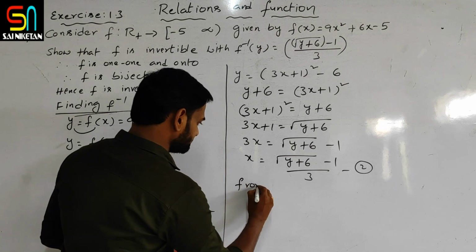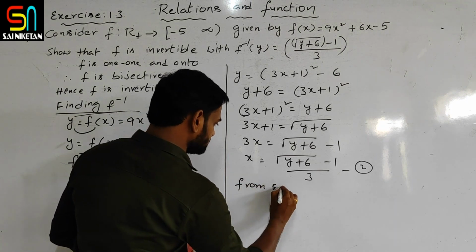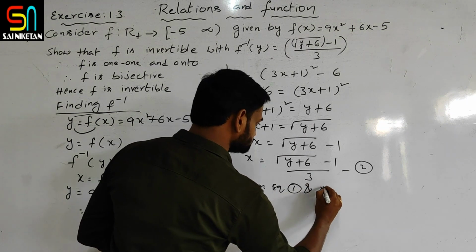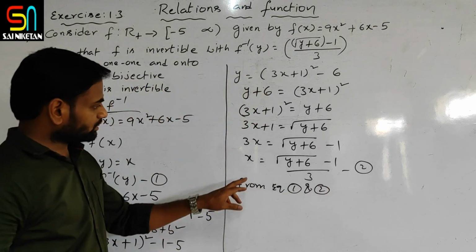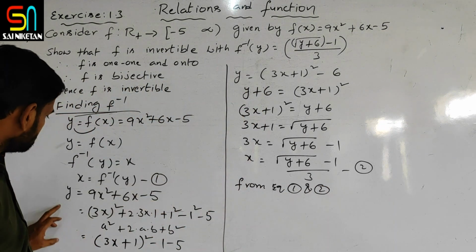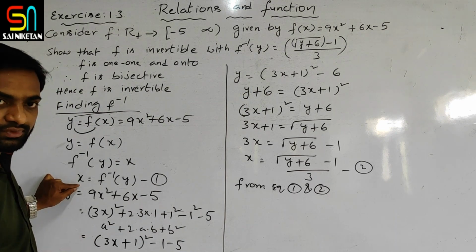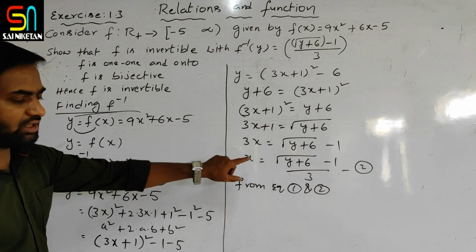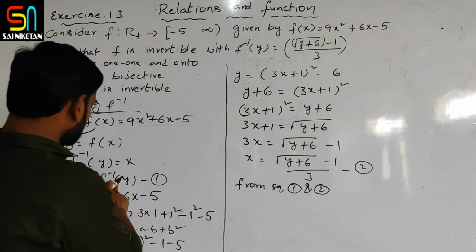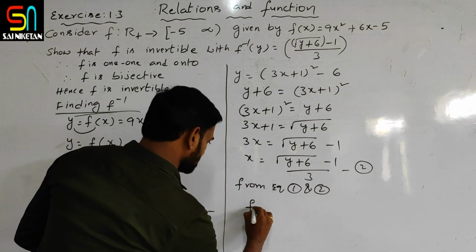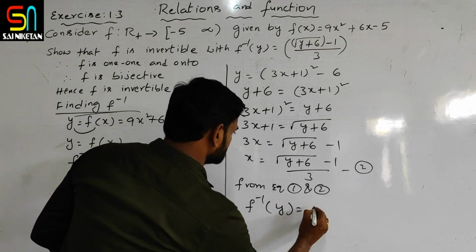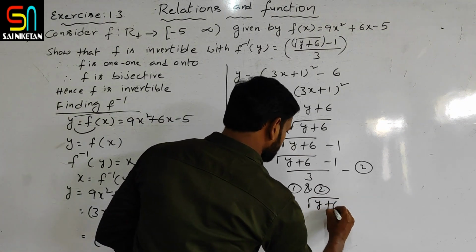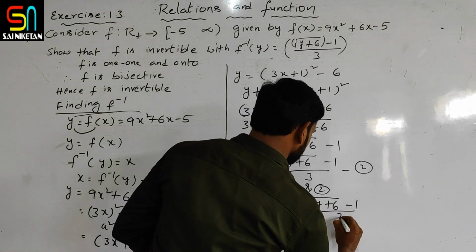From equation 1 and 2, see here, LHS parts are the same. LHS terms are the same. Now we can equate the RHS terms. That is, f inverse of y is equal to root of y plus 6 minus 1 by 3.